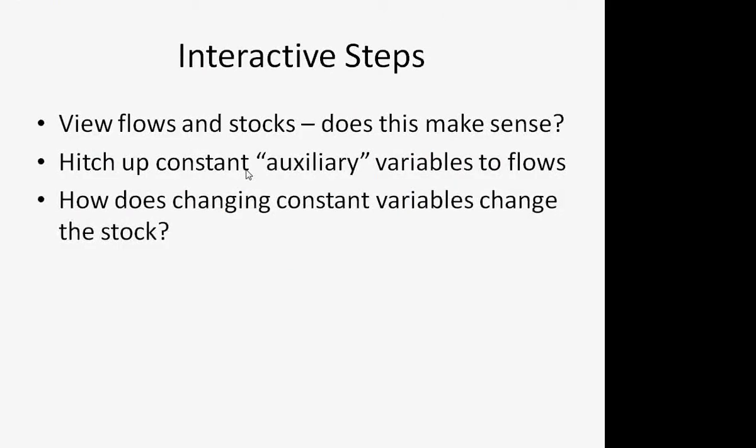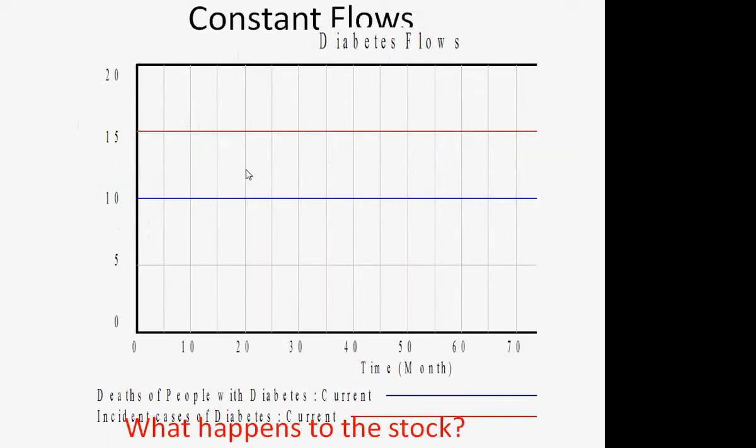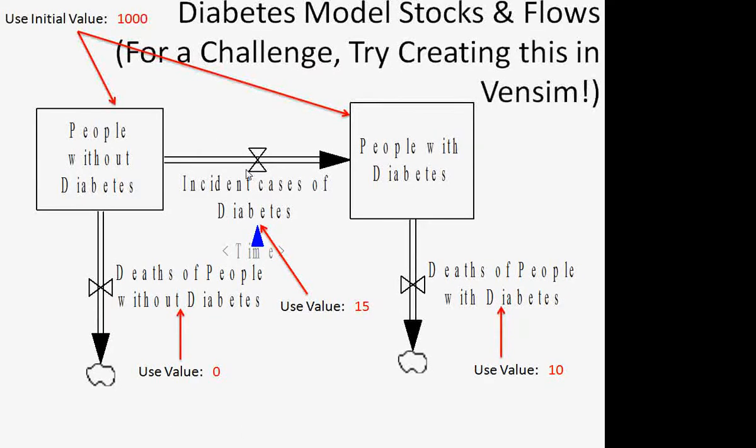Okay. So let's suppose we look at diabetes here. So this is deaths of people with diabetes. Here we have incident cases of diabetes, so this one here is 15.